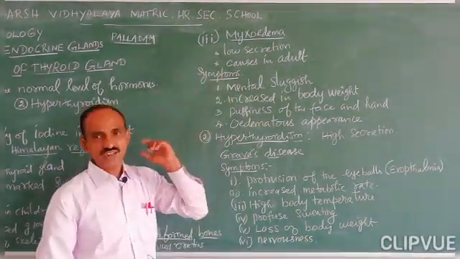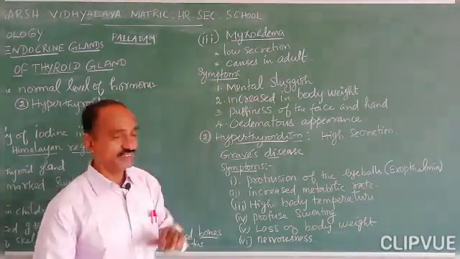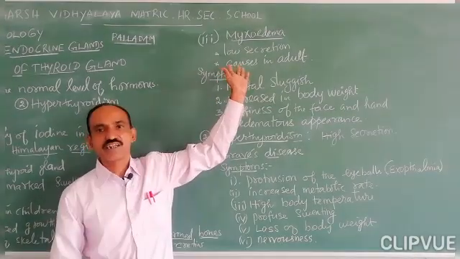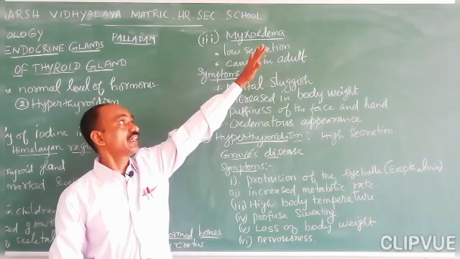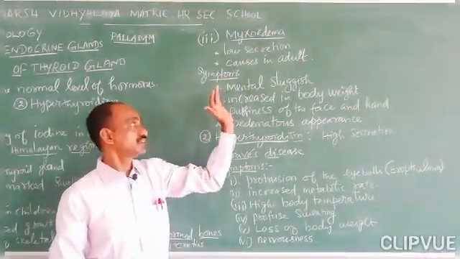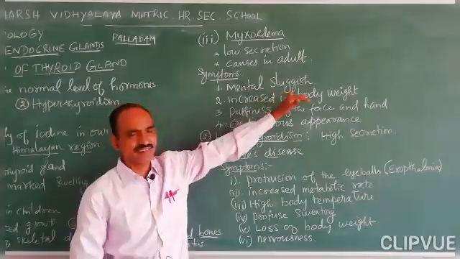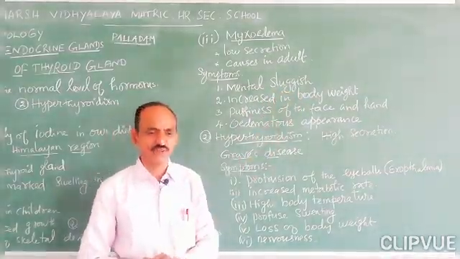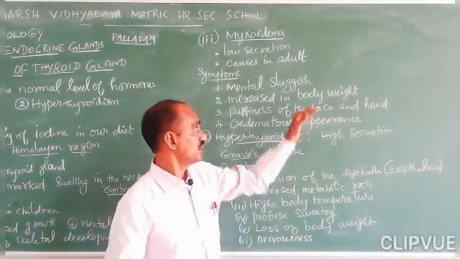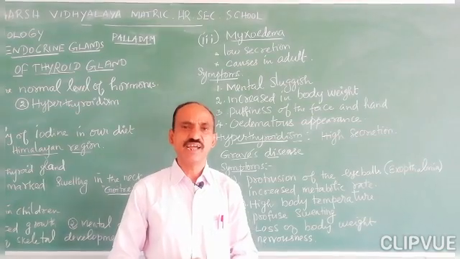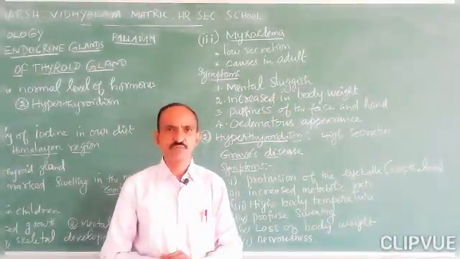Then what are the symptoms of Myxodema? First, you can see those people have less secretion of thyroid hormone, and they are mentally sluggish, meaning not active. They are totally inactive, mentally confused.